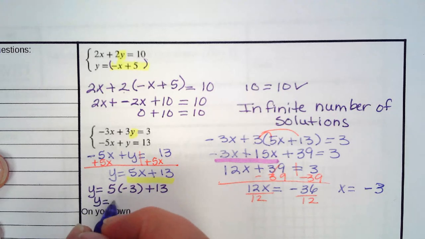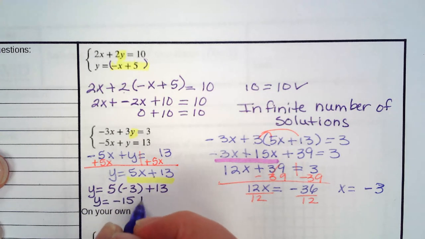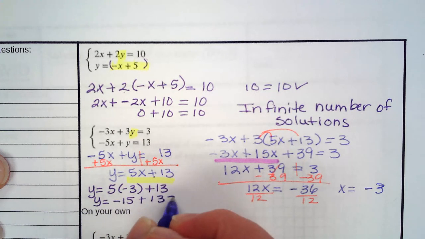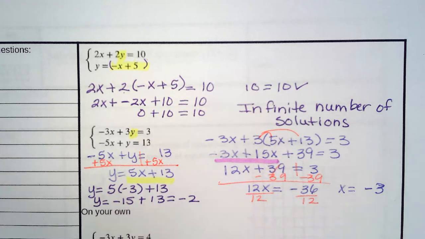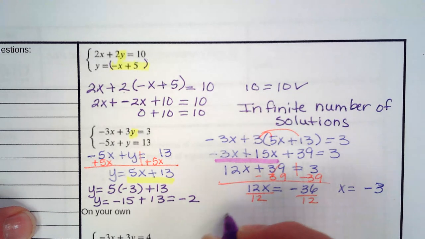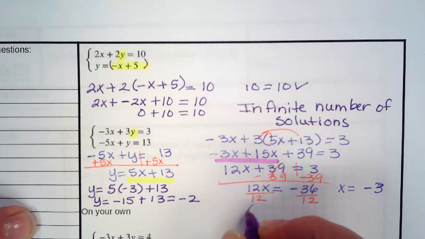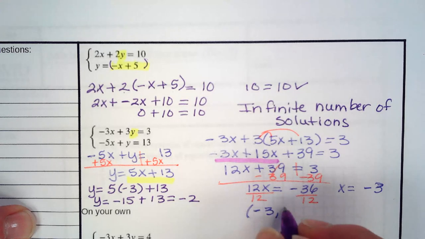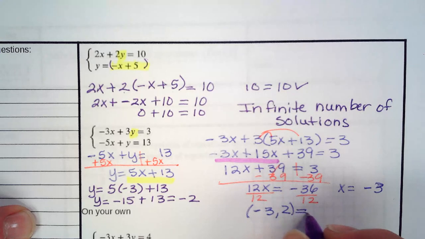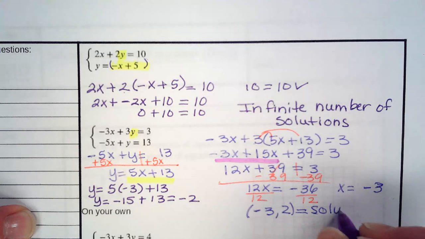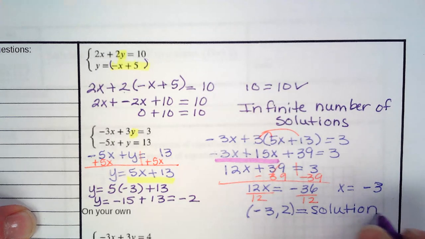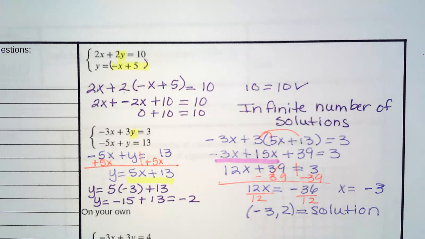Y is equal to negative 15 plus 13, which is equal to negative 2. So my solution is that point, negative 3, negative 2. These will intersect at one point.